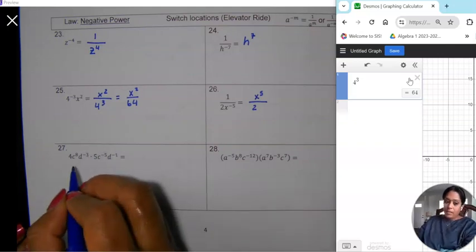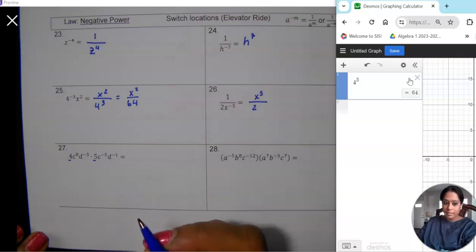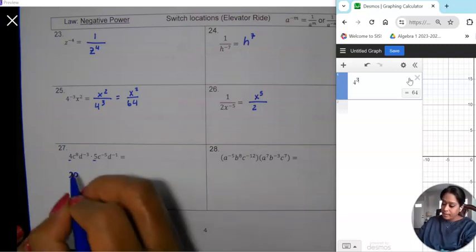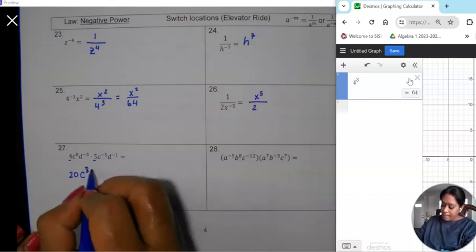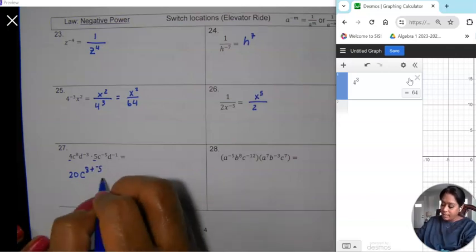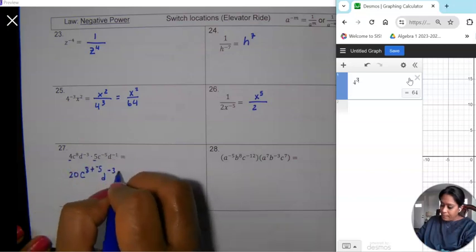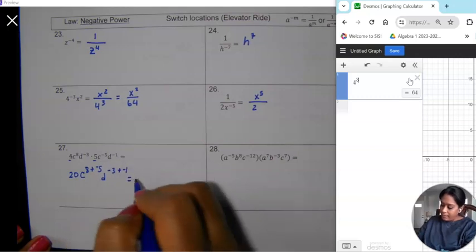So first things first, the 4 and the 5, we can multiply those out. 4 times 5 is 20. That's done. And then for the c, I'm going to do 8 plus negative 5. I'll clean that up in a little bit. And then d, negative 3 plus negative 1.